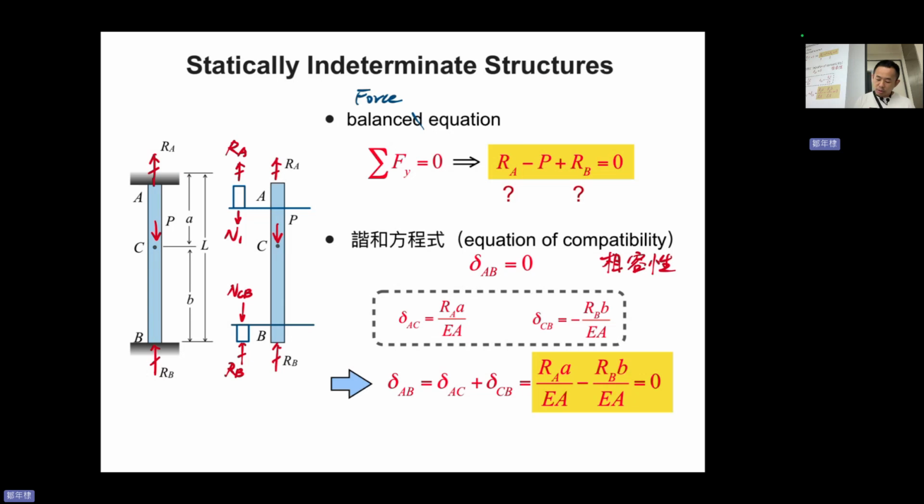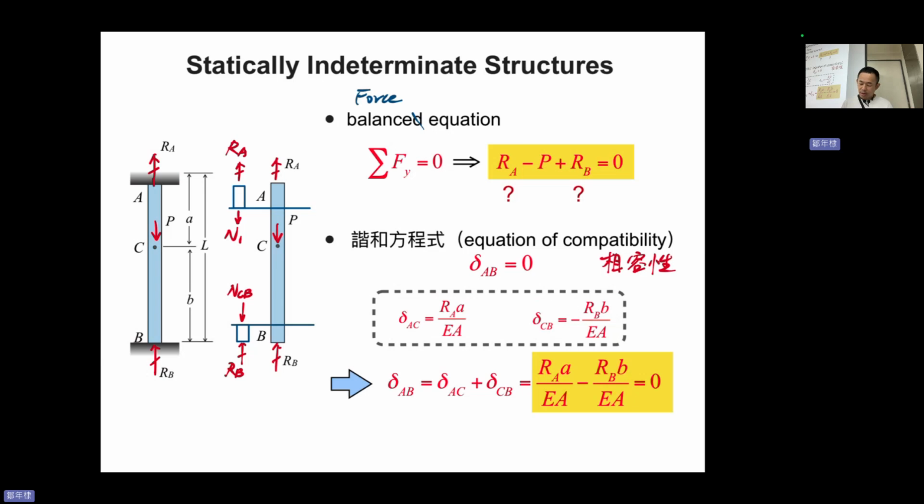So in total, the two sections summed up together, their total displacement should be 0 because it is confined between ceiling and floor, and this distance won't change. Okay, so delta AC is Ra times AC over EA, delta CB is Rb times CB over EA, with a minus. This plus and minus purely depends on the balance force.